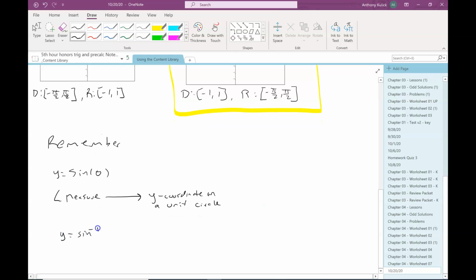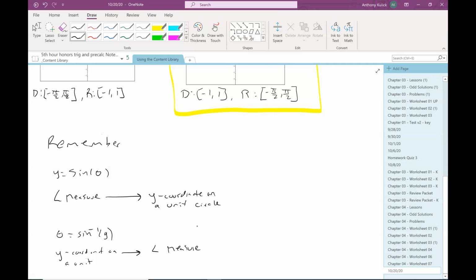So sine inverse is going to take a y-coordinate on a unit circle and map it back to some angle measure. Just to kind of reiterate the relationship between these two things.